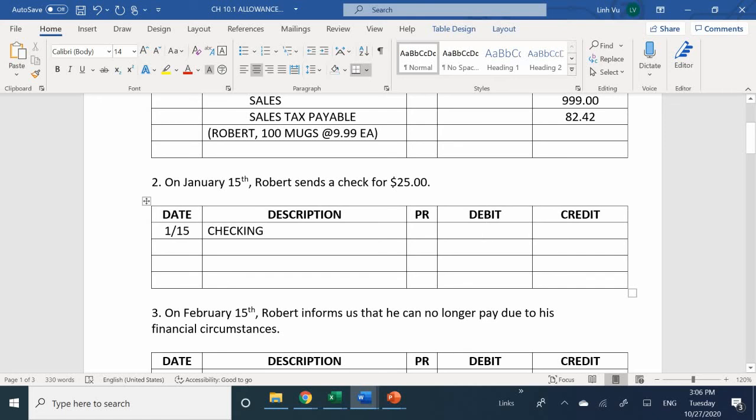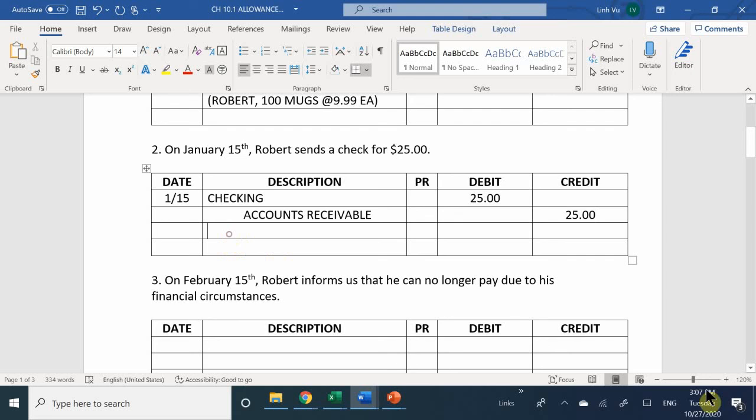So is it going to be the $25? Right, and that will go to accounts receivable. It will decrease the amount that he owes by 25. Good.